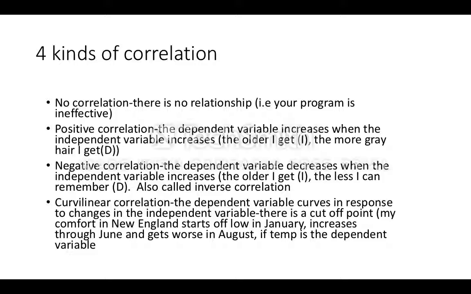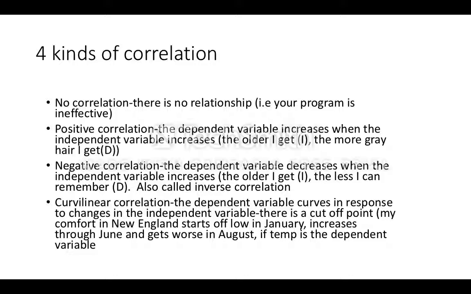There can be what's called a positive correlation, which means that the two variables move in the same direction. So when the independent variable increases, the dependent variable increases. So the older I get, the independent variable, the more gray hairs I have, the dependent variable. A negative correlation, the dependent variable decreases when the independent variable increases.